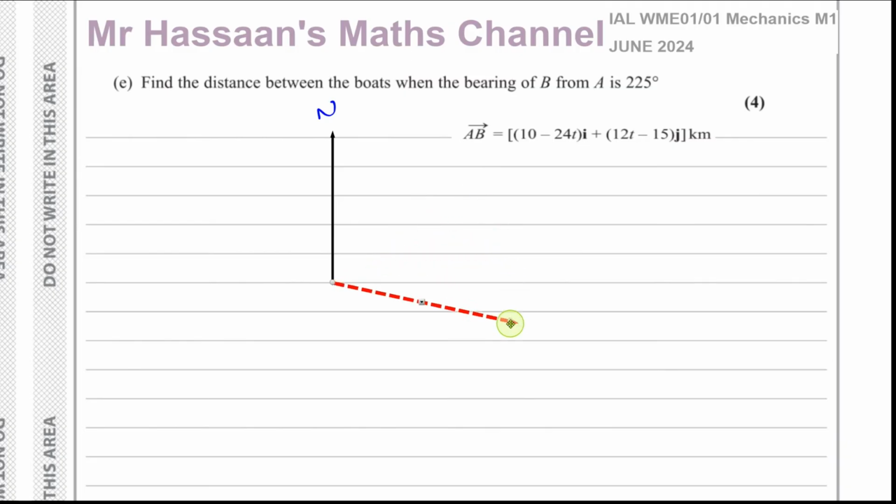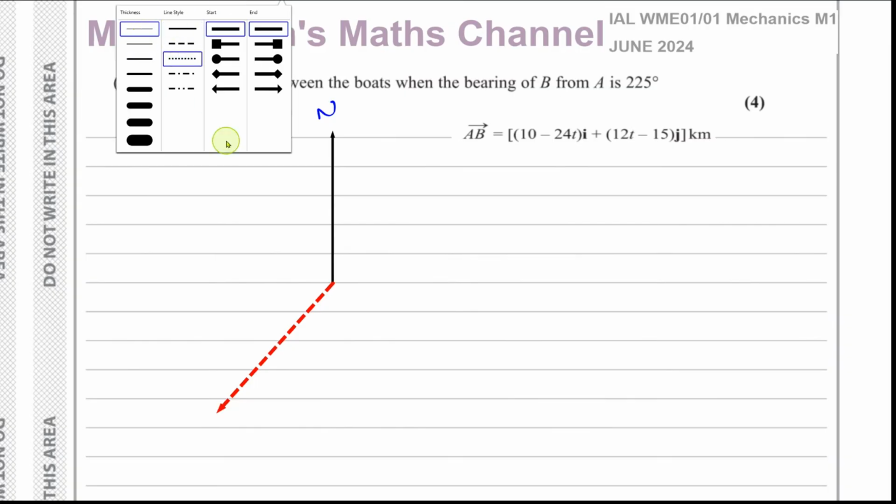That's 90 degrees, that's 180 degrees, that would be 270 degrees. Now, 225 degrees is exactly 45 degrees more than 180, exactly 45 degrees less than 270. So it's kind of like southwest. So they gave us a nice, easy angle to deal with.